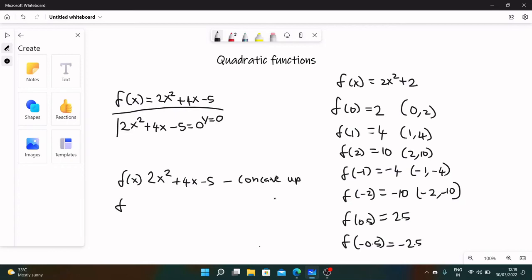Our concave down parabola was minus 2x squared plus 2x plus 3. And this gave us a concave down parabola.